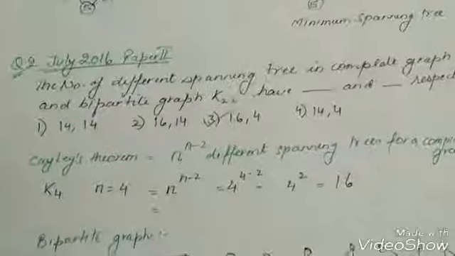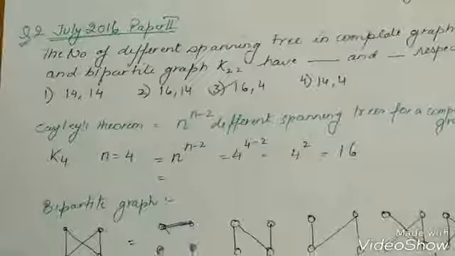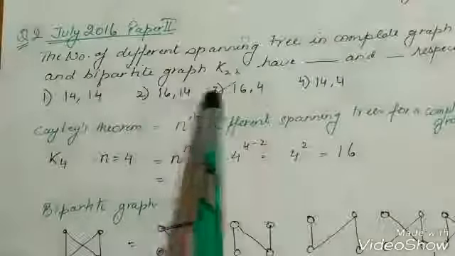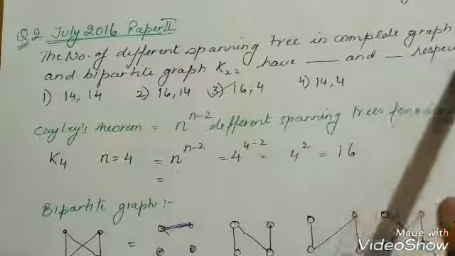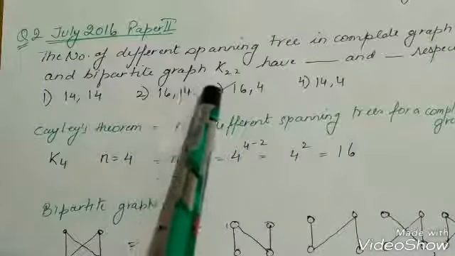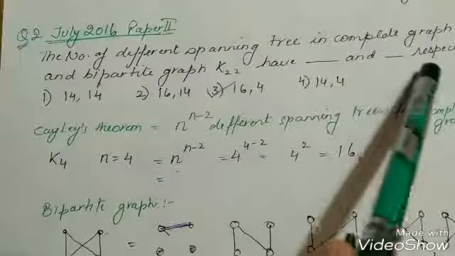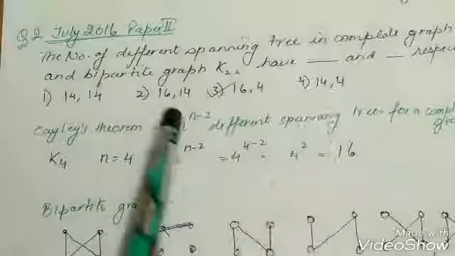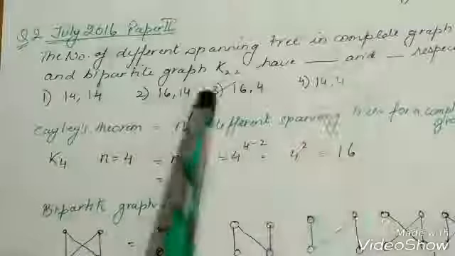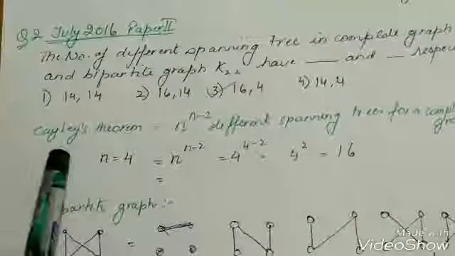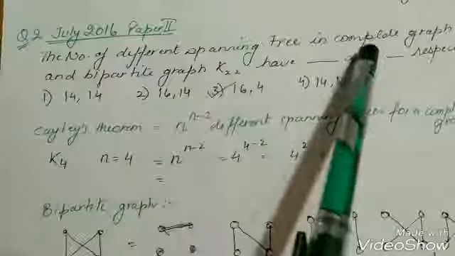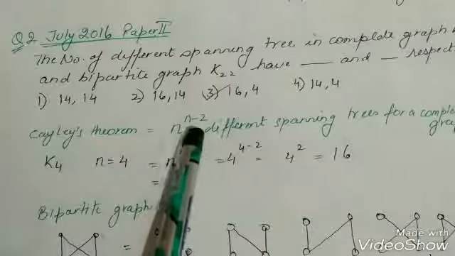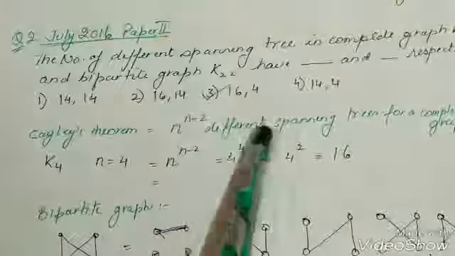This is a question which was asked in the July 2016 paper. The number of different spanning trees in a complete graph K4 and bipartite graph K2,2 are dash and dash respectively. With the help of Cayley's formula, for a complete graph we can simply use this formula: n raised to the power n minus 2 gives the number of different spanning trees.